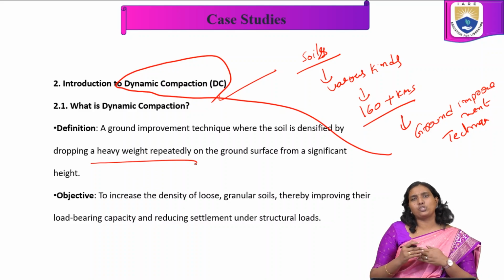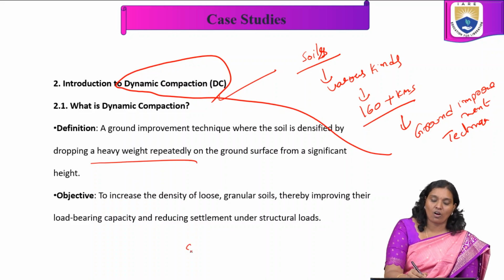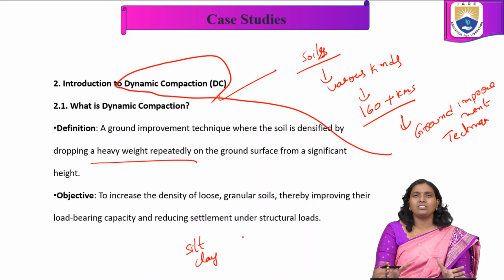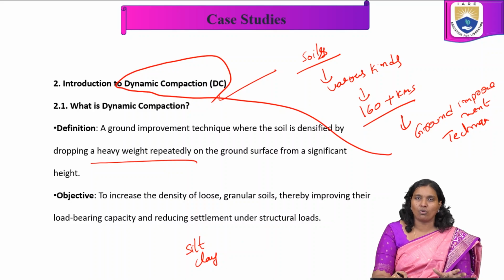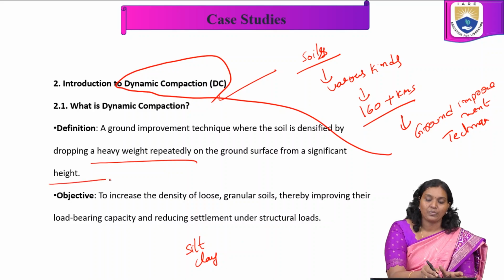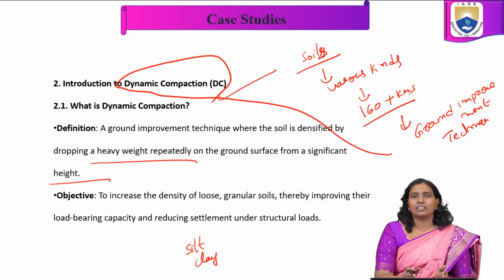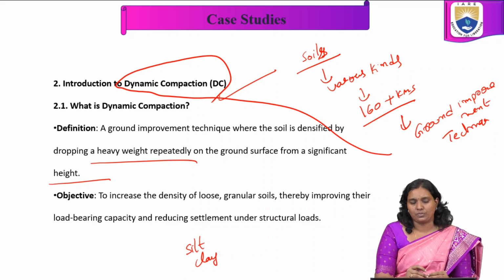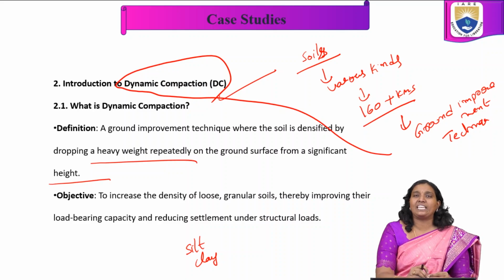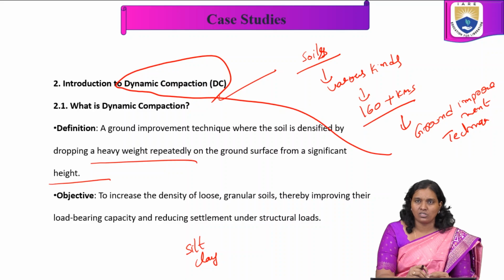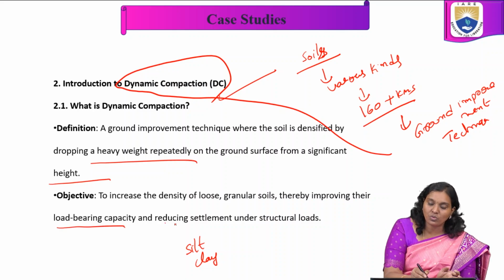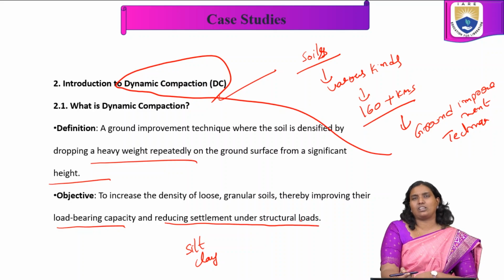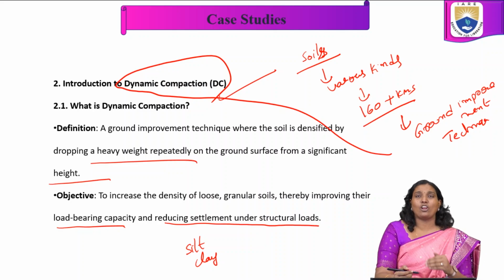Because these are silt and clayey soils, once we drop heavy weights repeatedly onto the ground surface from a significant height, the compressibility is going to reduce. It densifies the loose granular soils, thereby improving their load bearing capacity and reducing settlement under structural loads. This is the main objective.